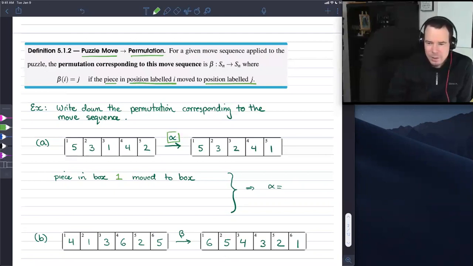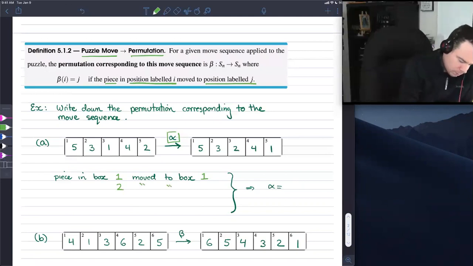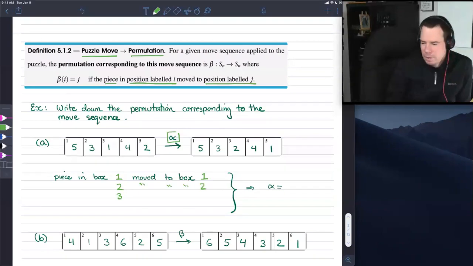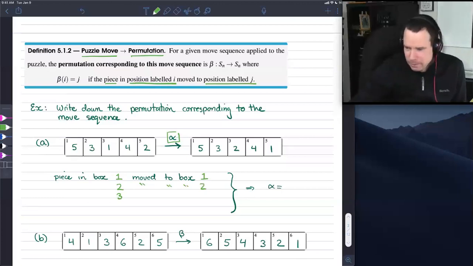Yeah, it stayed in 1, exactly. That piece is number 5, the piece numbered 5, and it stayed there. So the piece that was in box 1 is still in box 1. How about the piece in box 2? It's still in box 2. How about the piece in box 3? Where did the piece in box 3 go to? Yeah, it went to box 5.